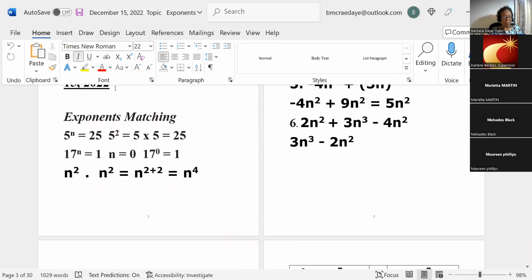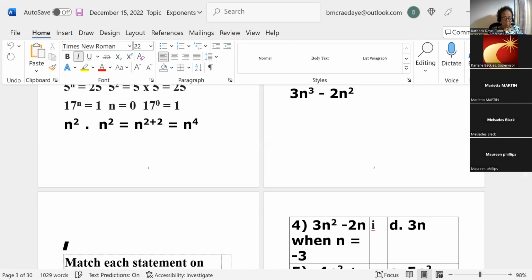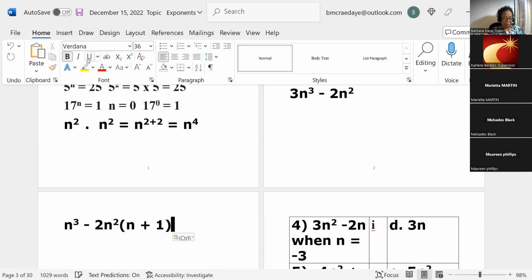And I'll put this down here. Okay, so let me just copy that and then I want you to multiply it. So you have n to the third minus 2n to the second times the expression n plus 1.